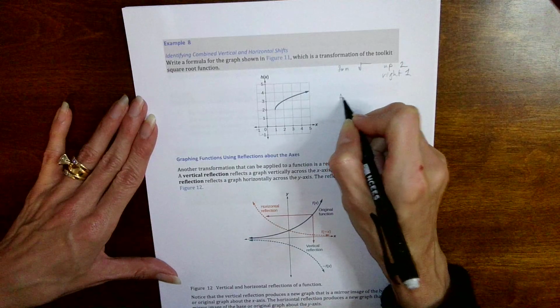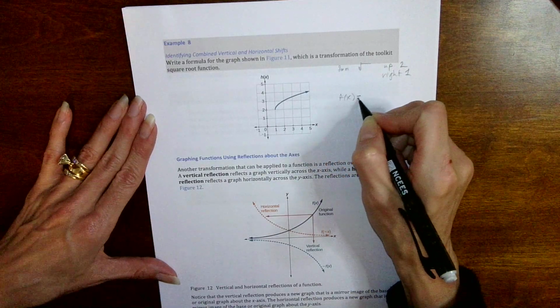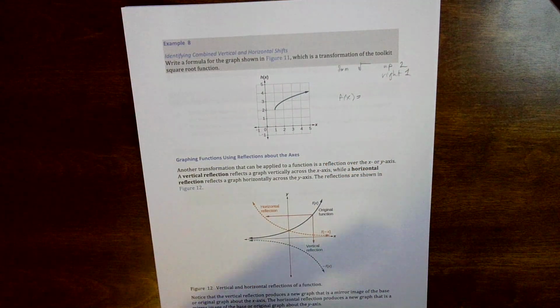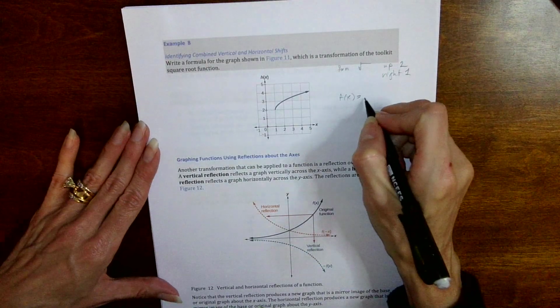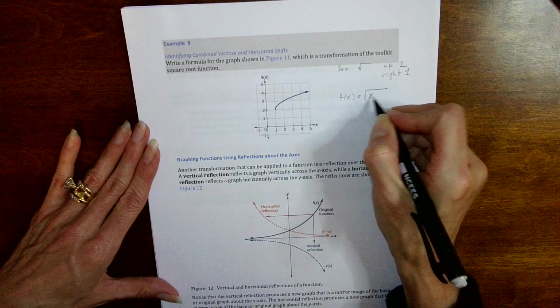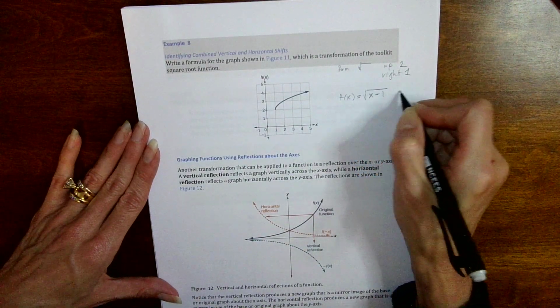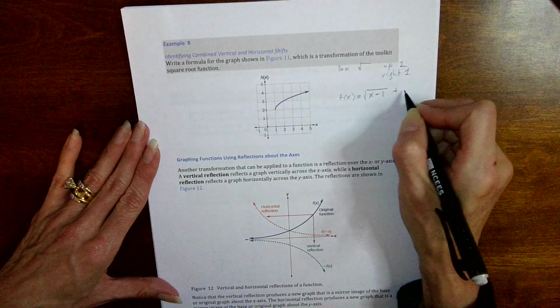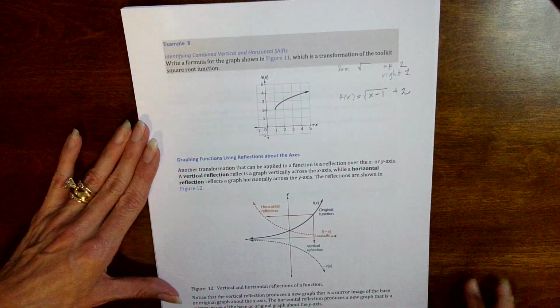So this would be f of x equals the square root of x. It's to the right, so it's got to be minus. So the square root of x minus 1, plus 2.